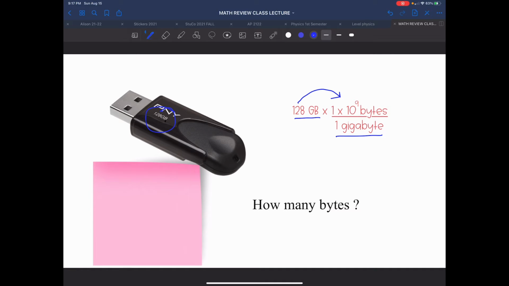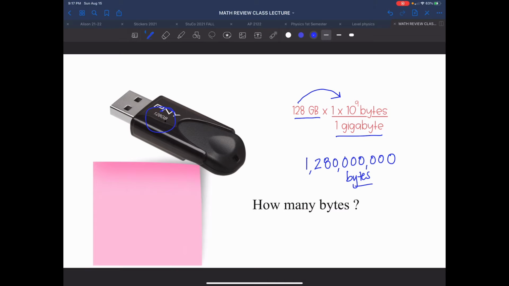This is real simple. The bottom's 1. Not a big deal. So this ends up being 1280. We need to move 9 spots. So, there we go. That's how many bytes we have. Okay?